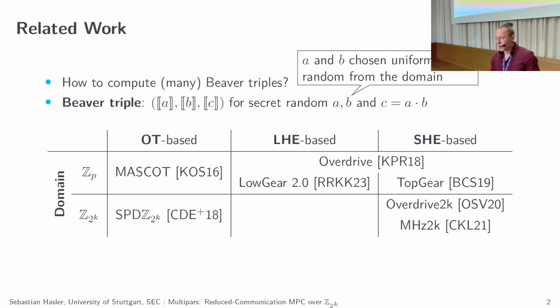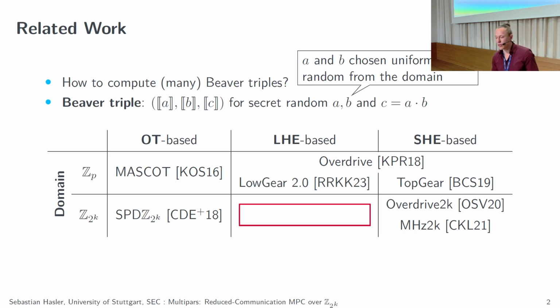And the thing is that HighGear, so this SHE-based approach, is mainly useful for a high number of parties, while the LHE-based approach, also known as LowGear of Overdrive, is mainly suitable for a low number of parties, such as the highly relevant two-party setup.